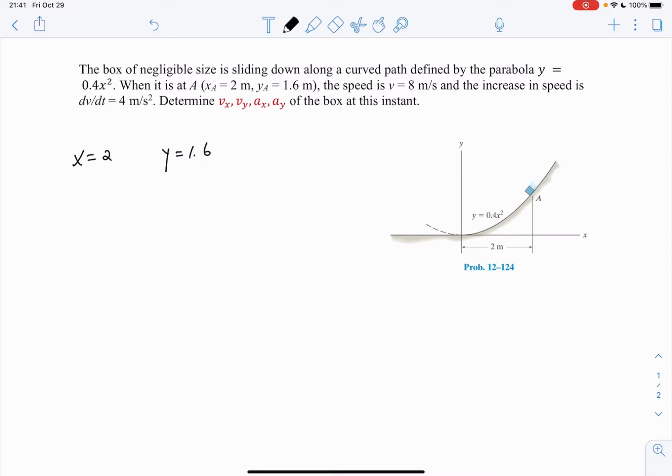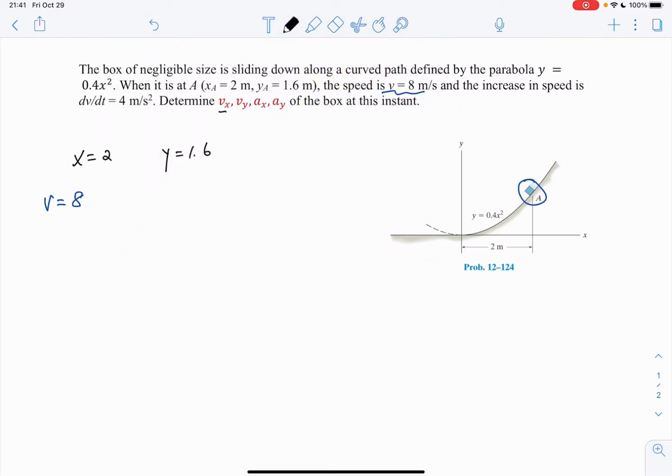We are asked to determine the components of velocity, vx and vy, and the components of acceleration, ax and ay. Now, we have that v equal to 8 at this moment when the box is sliding down. That's what we know.